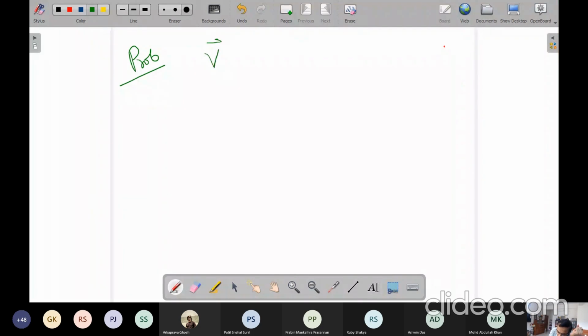So you have a velocity field which is given by 3x square y i plus 2y square z j plus x square y square k. This is very arbitrary.